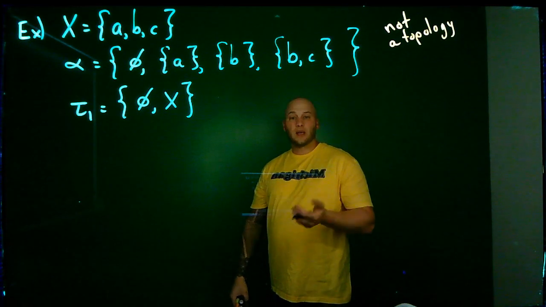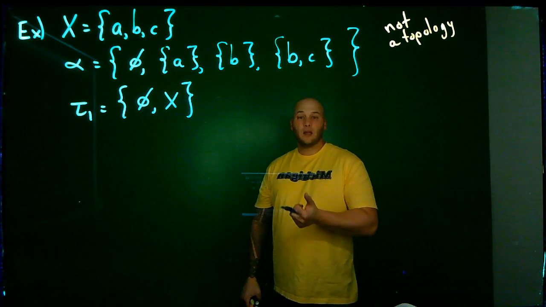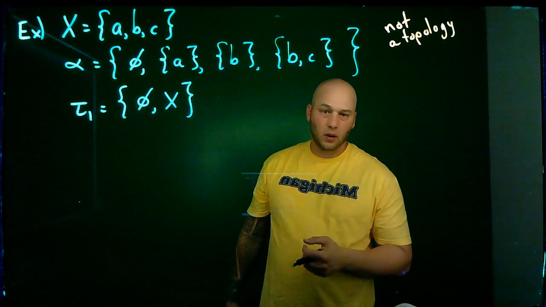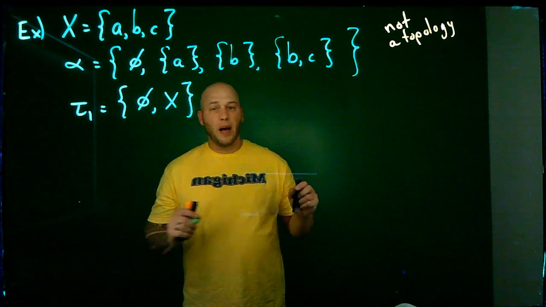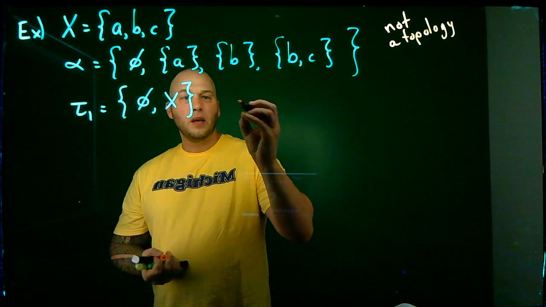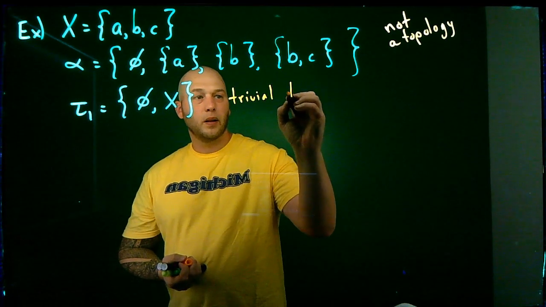Arbitrary or finite intersections will be satisfied as well, because again, I'm only going to get the empty set or X out of those two. This one is sort of like the smallest possible topology, and therefore this is given a name. This is called the trivial topology.